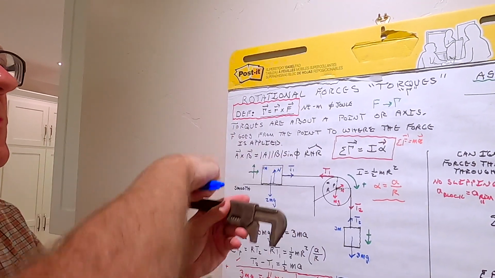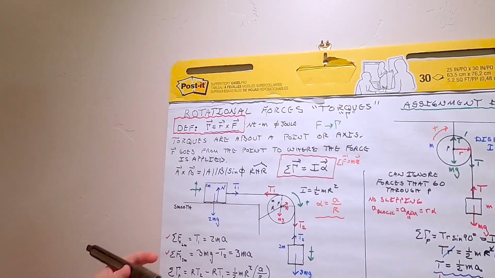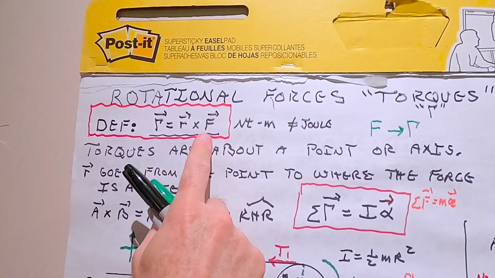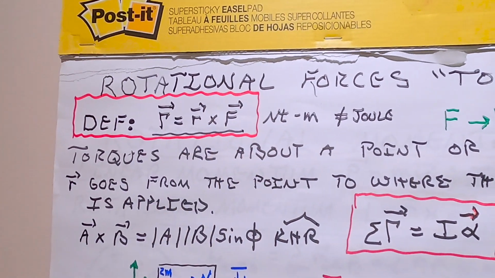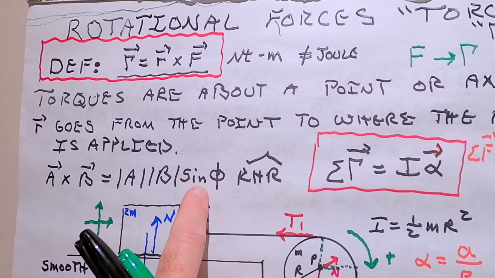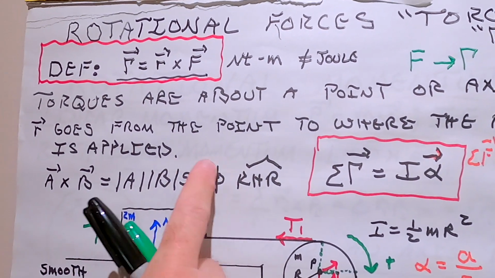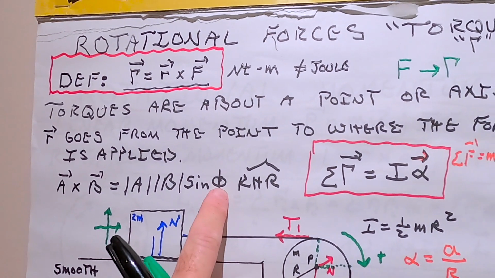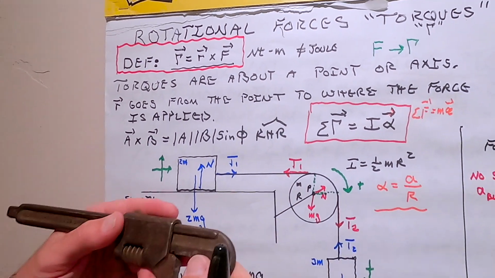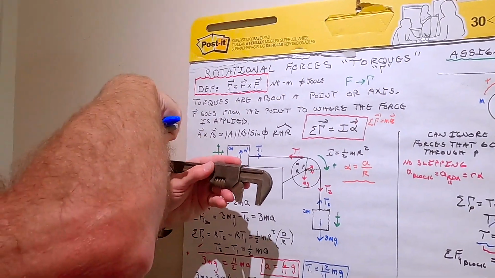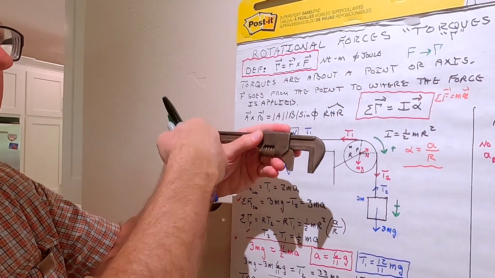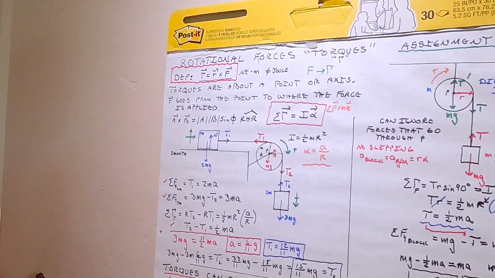So in this case, it would be the magnitude of R times the magnitude of F times the sine of the angle between them. To get maximum torque, you want the sine to be 1, which means you want the angle to be 90 degrees. So anytime we use this wrench, we always push with our force perpendicular to our radius. The radius is from here to here.